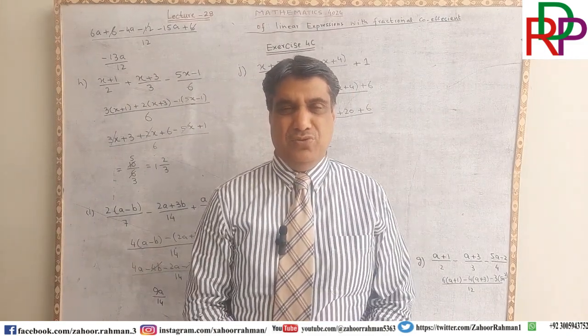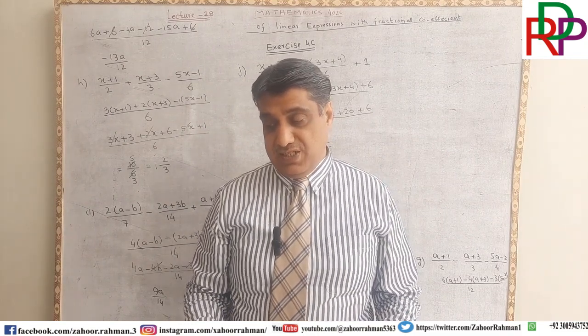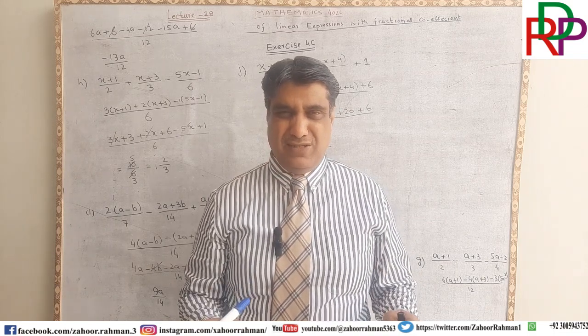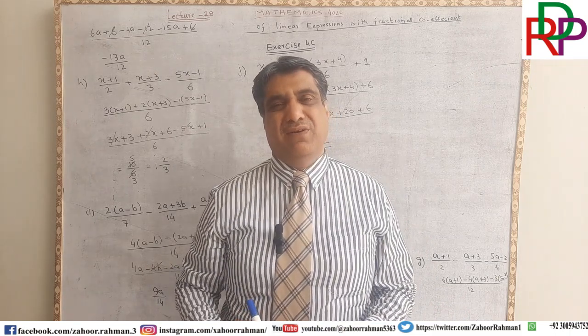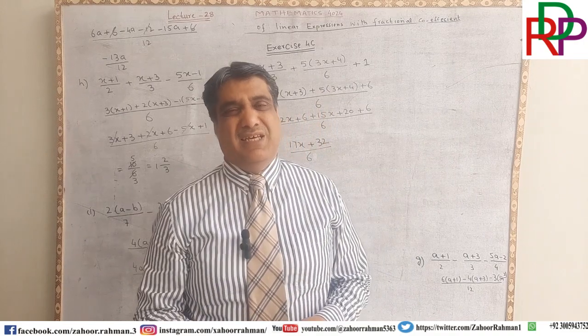Now we will do the advanced questions. Advanced questions are very important because if you want to prove yourself to be a master of that topic, then you have to do the advanced questions.